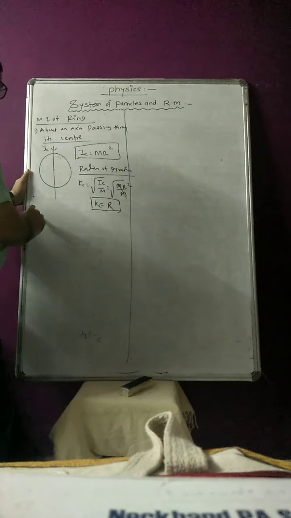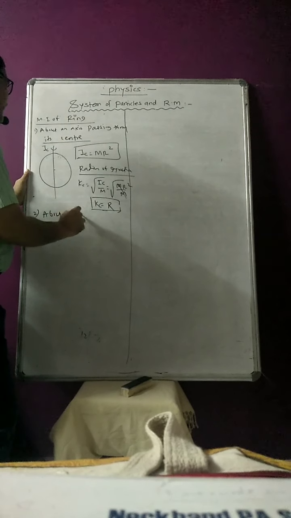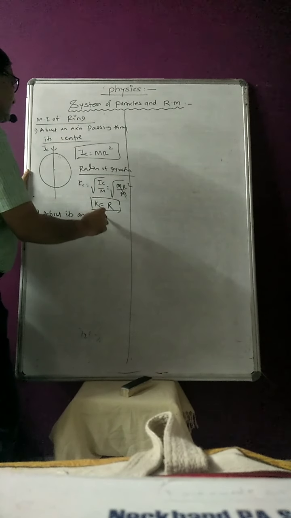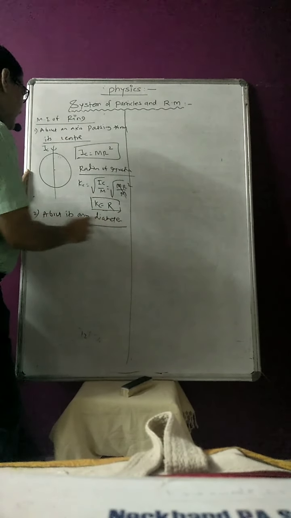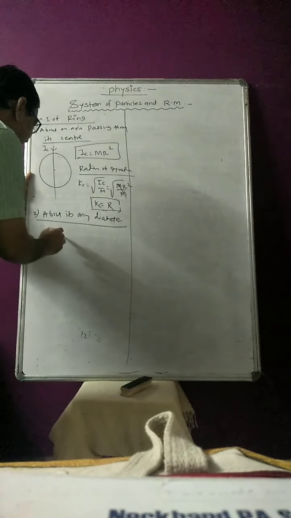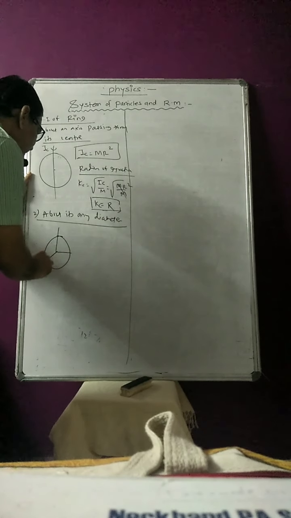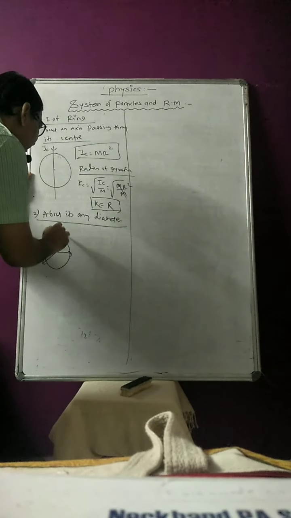Next point, if you want to find out the moment of inertia of a ring about any diameter. Now sir, for that case, what do I have to use? I will use here the principle of perpendicular axis theorem.